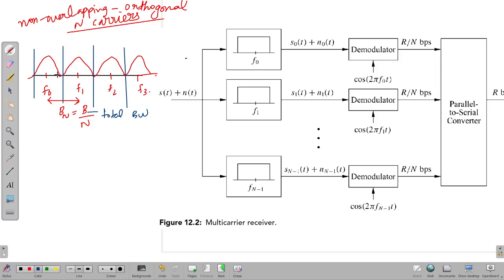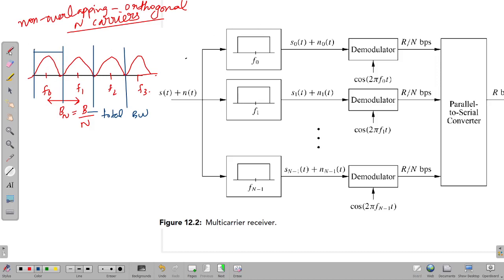All right. So how can you receive it at the receiver? How can you detect it? By using just filters. You can receive this particular subcarrier by using a filter that passes only this band of frequencies.